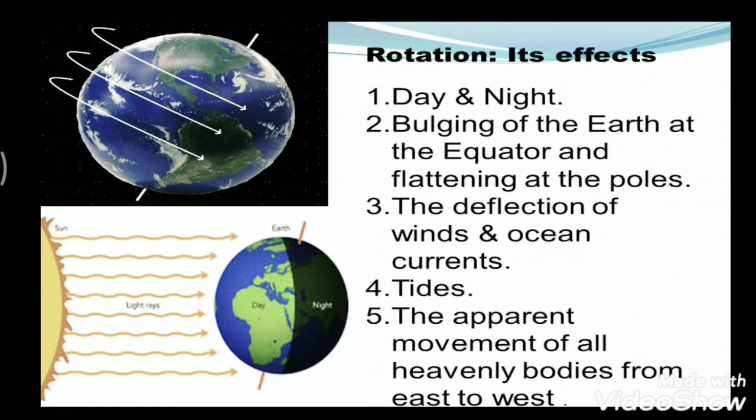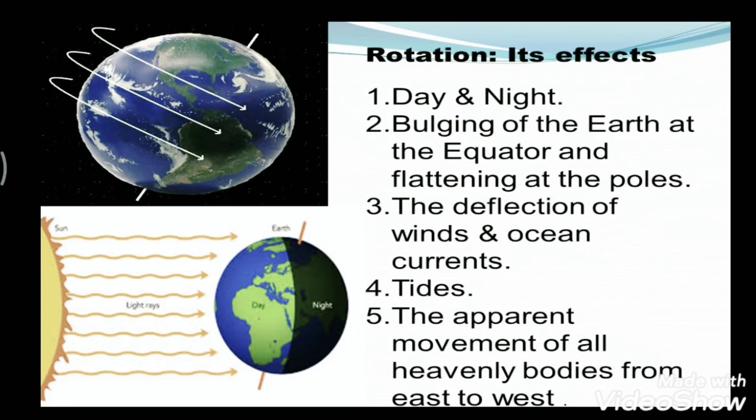Alright, next we have the deflection of winds and ocean currents. Yes guys, so this rotation also causes the deflection of winds, that is a sudden change in the direction of the wind. Also, ocean currents. Alright, next that is tides. Yes, we all know the rotation causes high tides and low tides in the sea level.